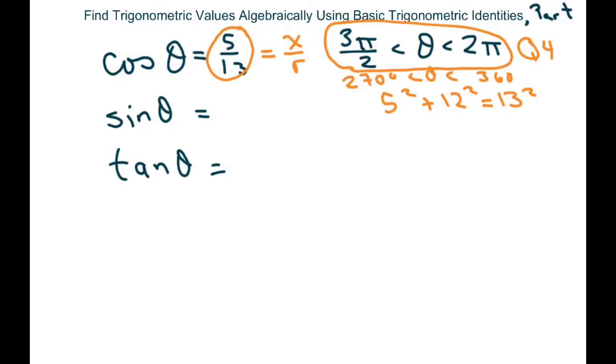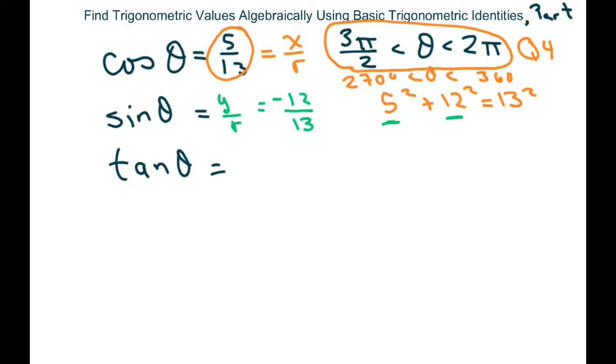Now if my x is 5, then my y must be 12. In this case, we have y over r, but since we're in quadrant 4, my sine is negative, because y is negative in quadrant 4. So that's going to be negative 12 over 13.